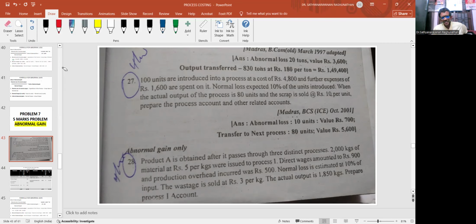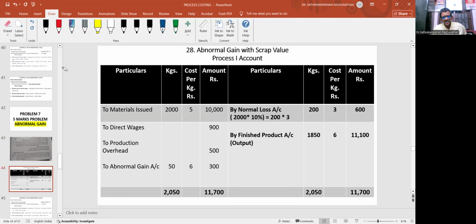If they have given kgs, you have to put only kgs. If they have given quantity or units, you have to put the respective quantity or units while opening the format. Be very careful. Particulars, kgs, cost per kg, amount.